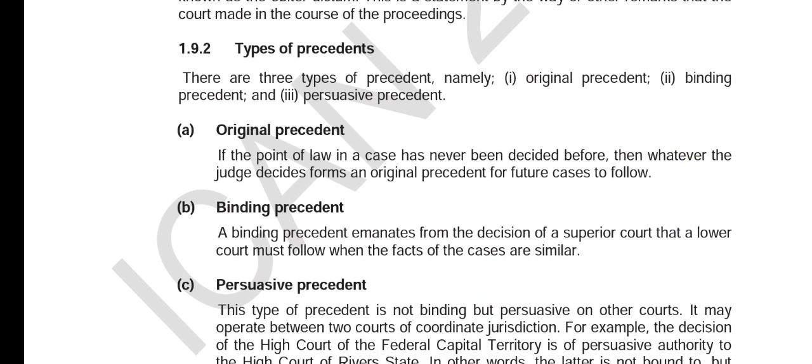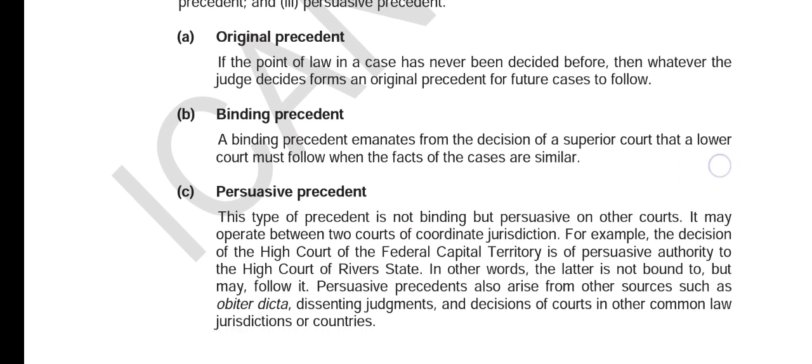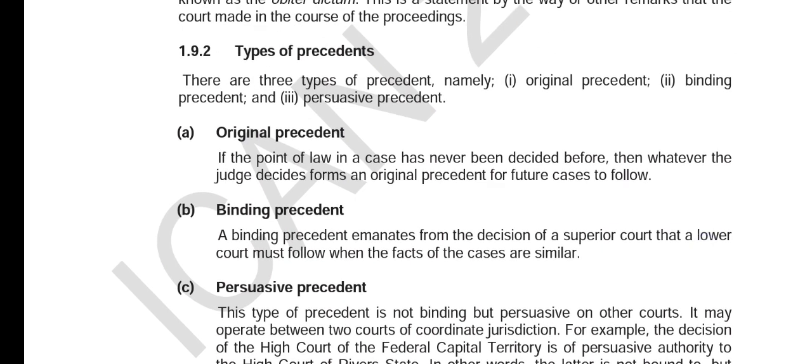Now, speaking of which, we have different types of precedents. We have the original precedent, binding precedent, and persuasive precedent. Let's say for instance we are talking about a land matter, and in that land matter someone trespassed and the court is about to sit on that case. If that matter is the first of its kind, after they have judged that matter, the decision of the court becomes an original precedent, right?